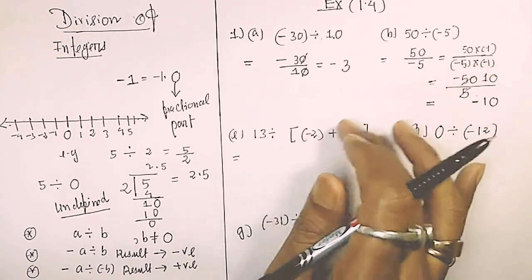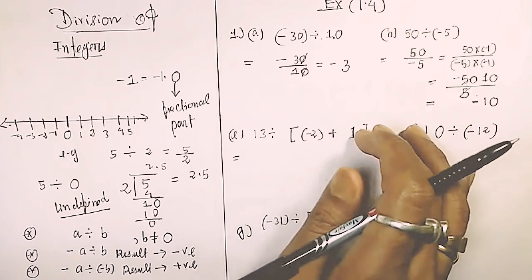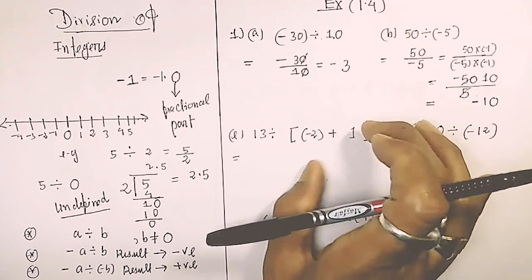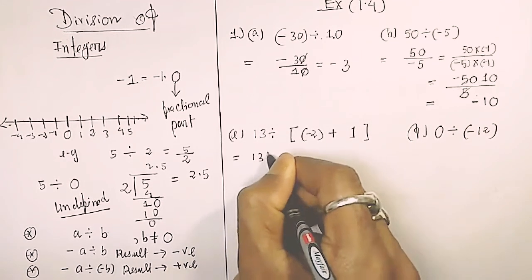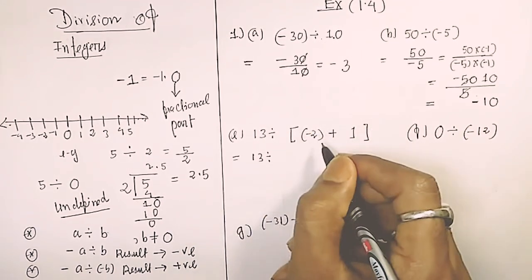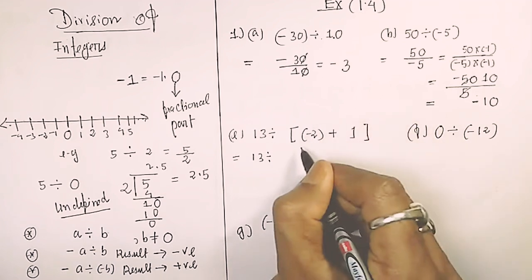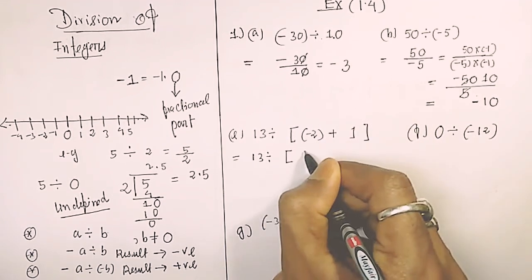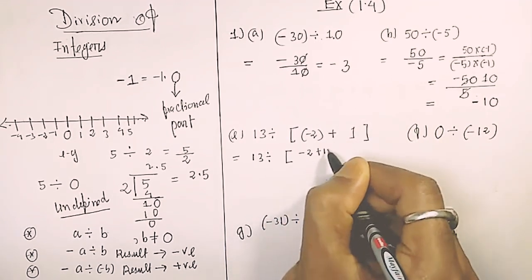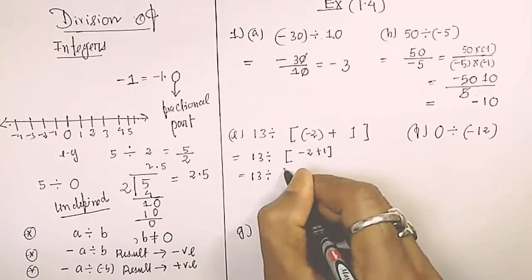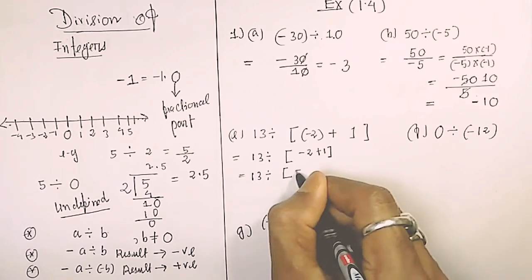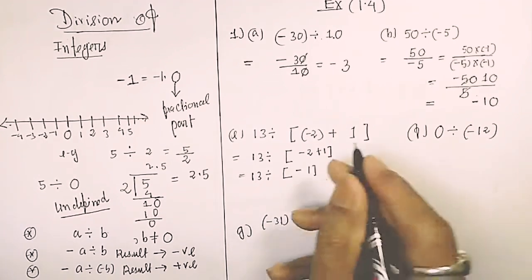So inside the third bracket, minus 2 plus 1 is given, so first of all we should simplify that part. So it's minus 2 plus 1, it's minus 1.